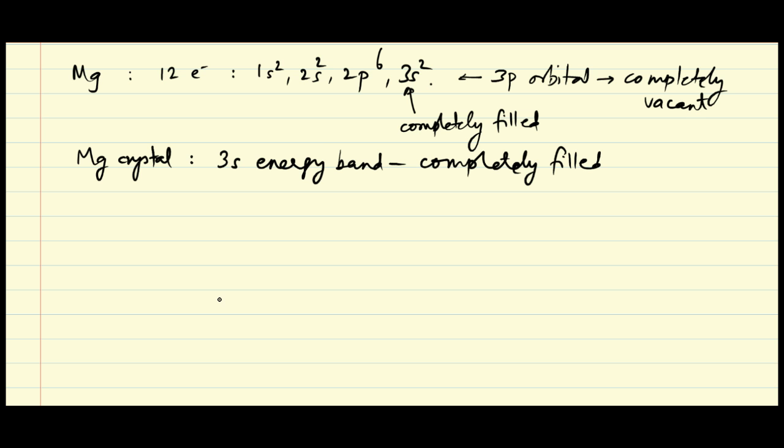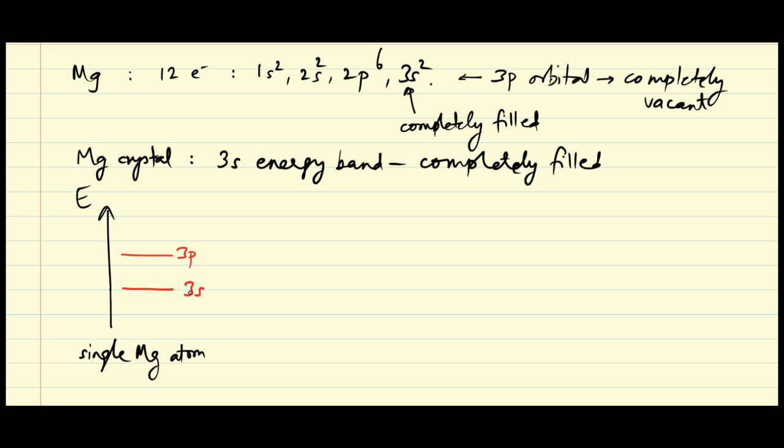The 3p band in a magnesium crystal overlaps the 3s energy band. So what I mean to say is, for a single magnesium atom, if we draw the energy level diagram, maybe I'll draw only the 3s energy level and the 3p energy level.